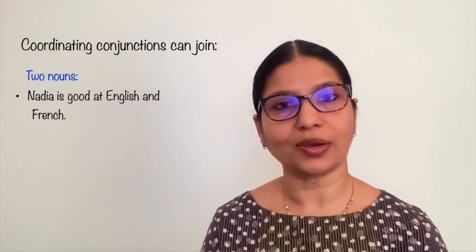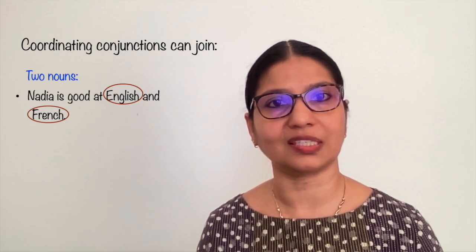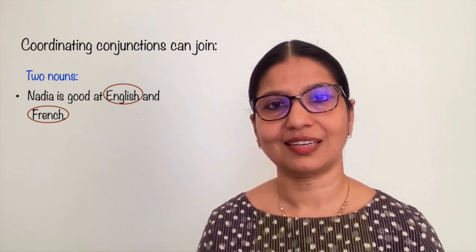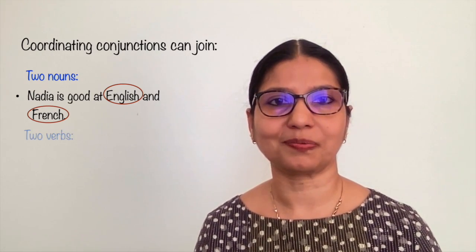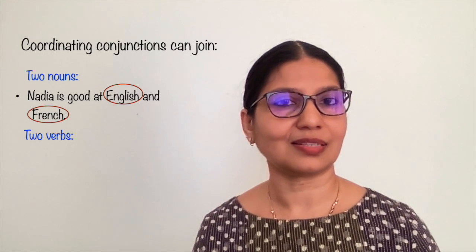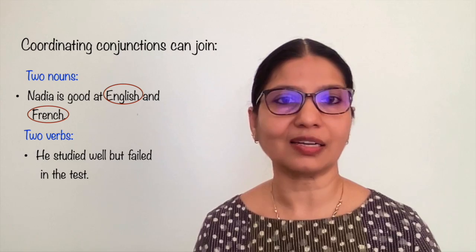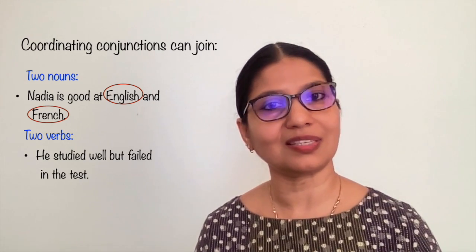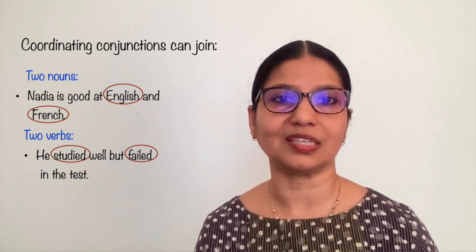In this case, you have two nouns, English and French, being joined with the help of a conjunction, and. Such a conjunction may also join two verbs. Thus, in this example, he studied well but failed in the test. You have the verbs studied and failed being linked with the help of a conjunction, but.